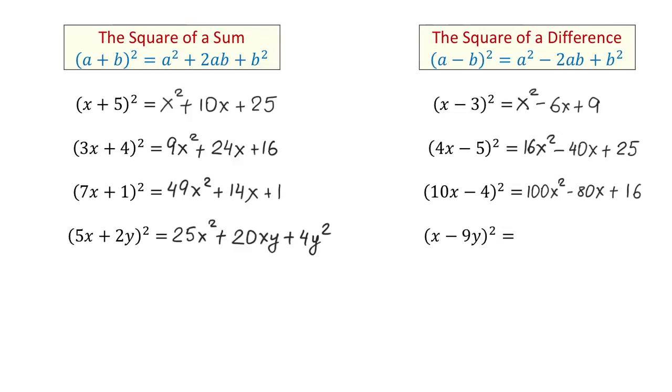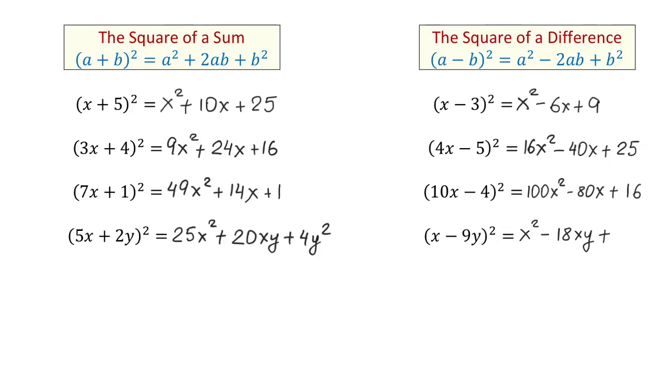We will start by raising x to the second power, and we will write x squared minus. Now we will multiply x times 9y. X times 9y is 9xy. When doubled, that will be 18xy.